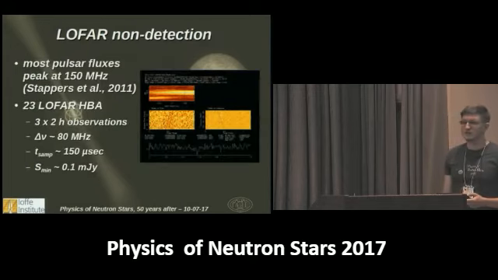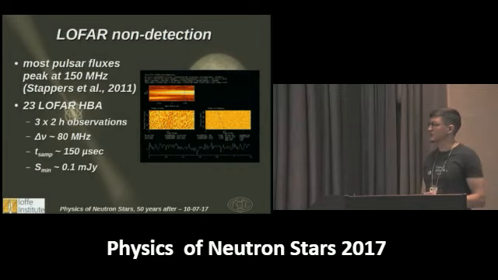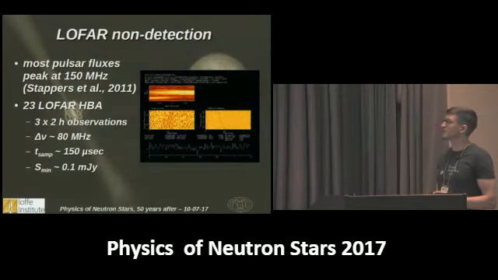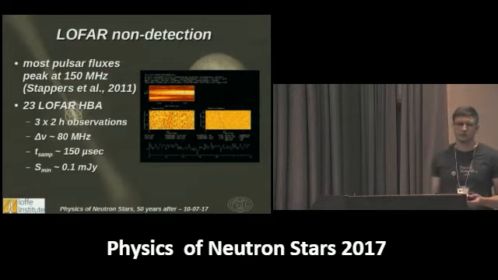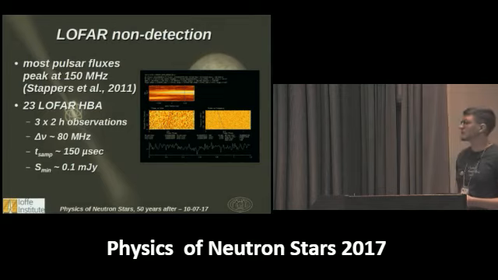Again, as I said, since most pulsars have steeper spectra and higher flux densities towards lower frequencies, they normally peak at around 150 megahertz, which is the central frequency of the LOFAR high-band antennas. That's why we tried to observe this with LOFAR. We did three 2-hour observational sessions with around 100 megahertz bandwidth and 150 microsecond sampling time.